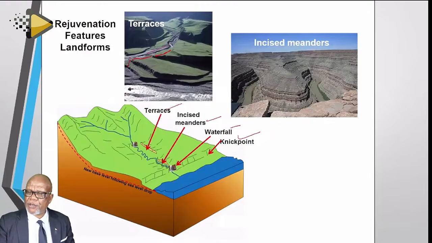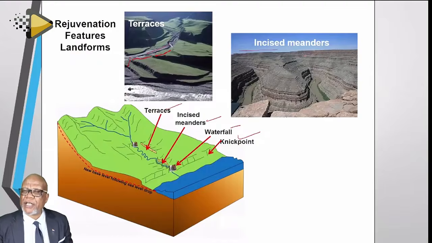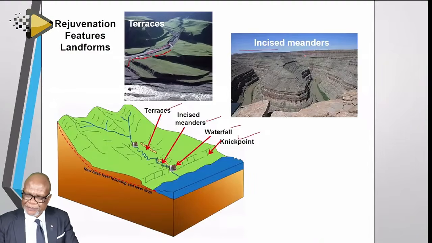You can see the landscape here, that the area is relatively flat. So it could be in the middle course of the river, it could be in the lower course of the river, but the river has gained more energy. Now, when it gains more energy, there's going to be downward erosion that is going to make these meanders deeper.